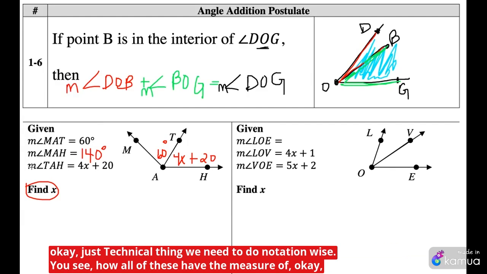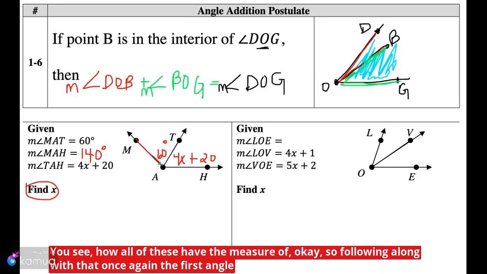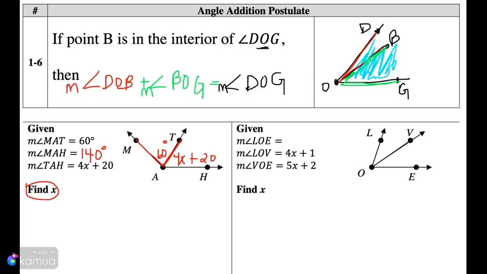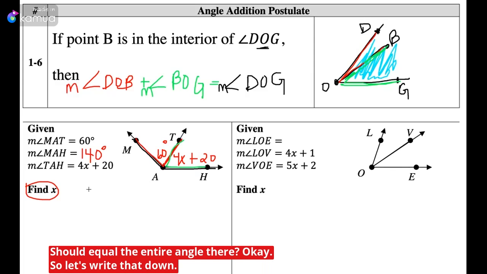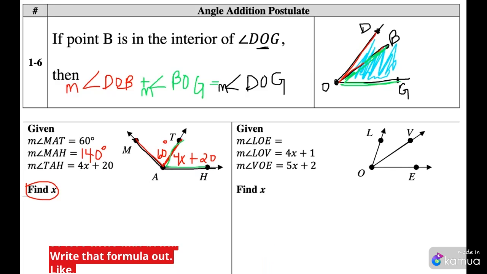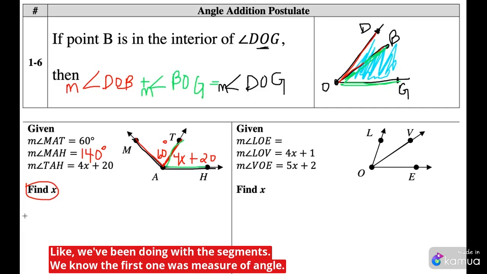So following along with that, once again, the first angle plus the second angle should equal the entire angle there. So let's write that formula out like we've been doing with the segments. We know the first one was the measure of angle MAT.